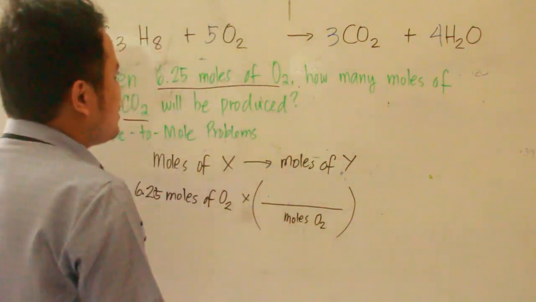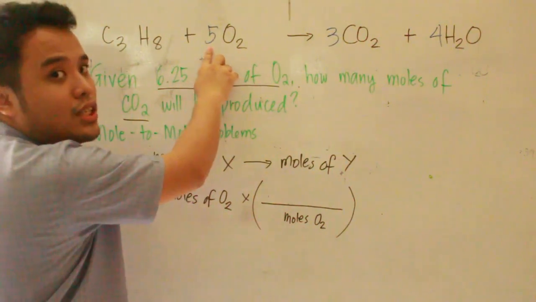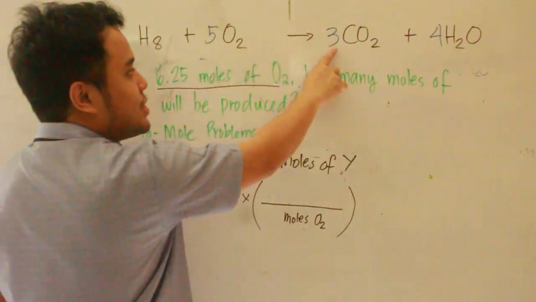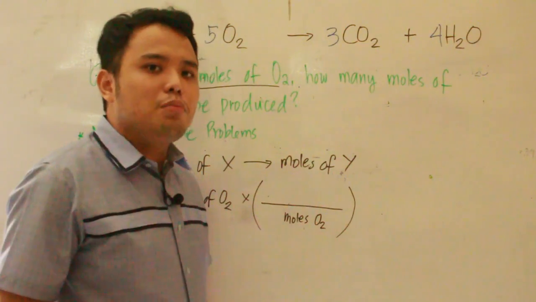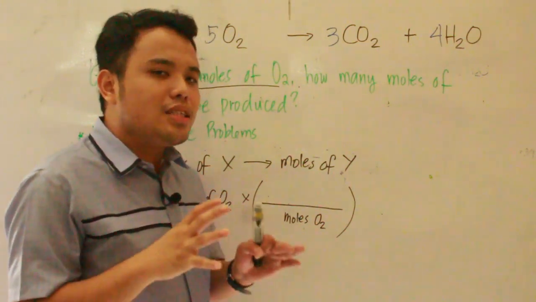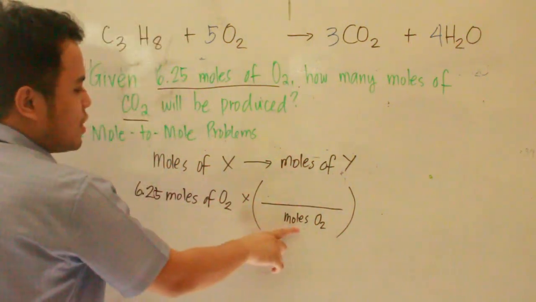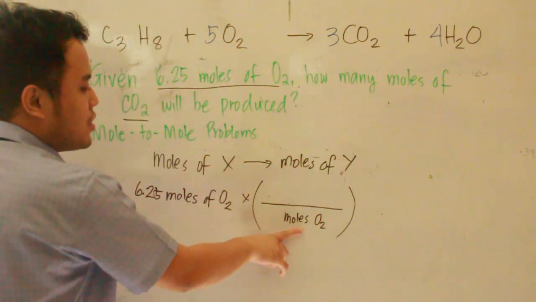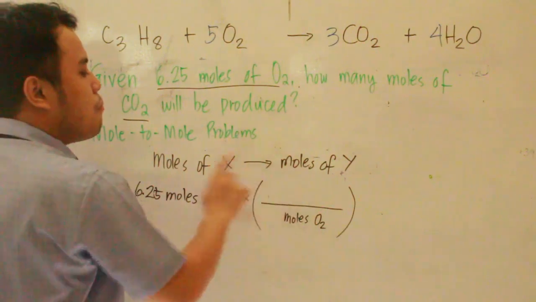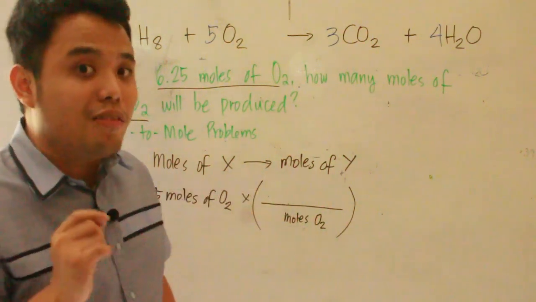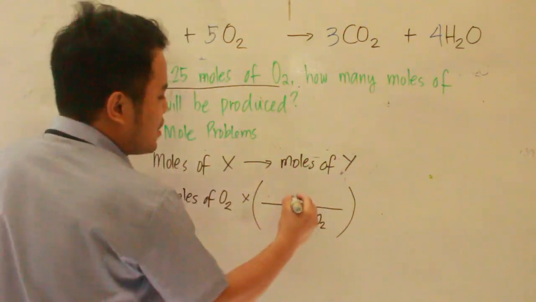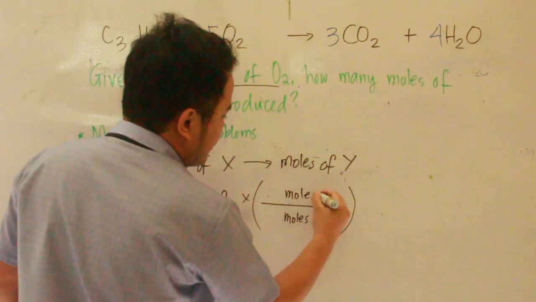What is our mole ratio again? 5 moles of oxygen gas results into 3 moles of carbon dioxide gas. Let us use that mole ratio. If we want moles of oxygen gas to be in the denominator and we want moles of carbon dioxide to be our result, we need to put it in our numerator.